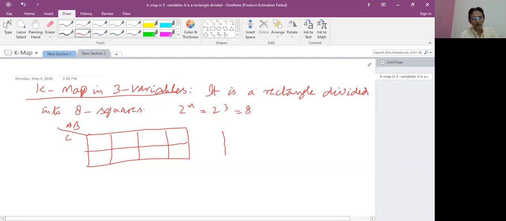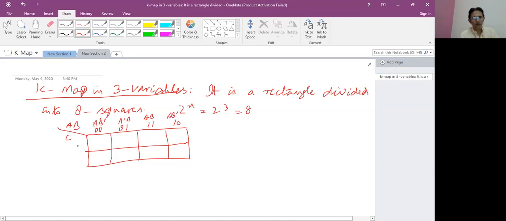For AB, first we write 0 0, 0 1, 1 1, and 1 0. 0 0 means A complement B complement, and so on.